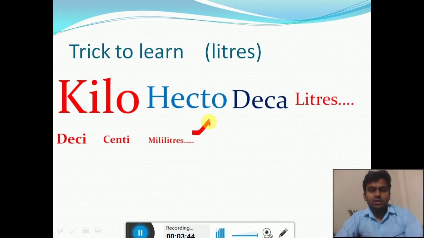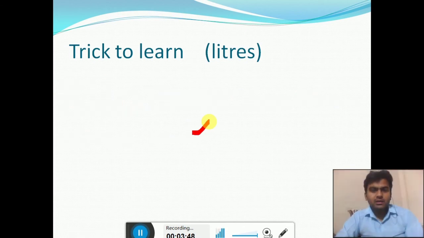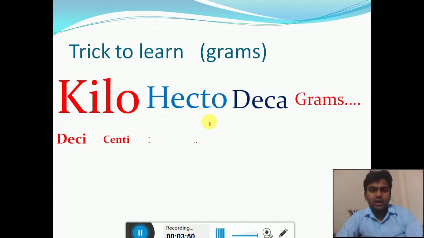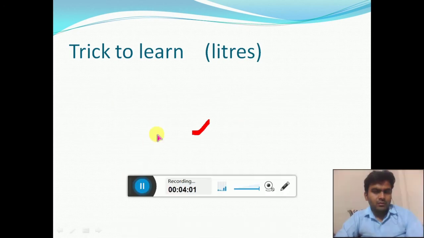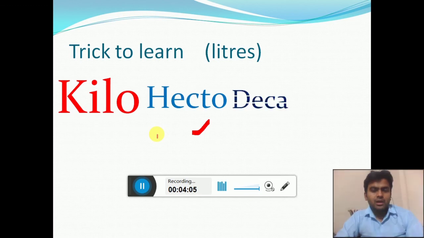Like this for gram too: kilo hecto decagram deci centi milligram, or kilo hecto decameter deci centi millimeter, or kilo hecto decaliter deci centi milliliter.